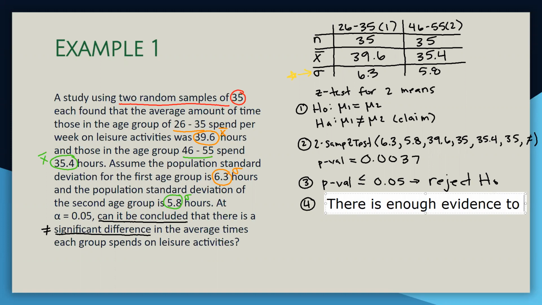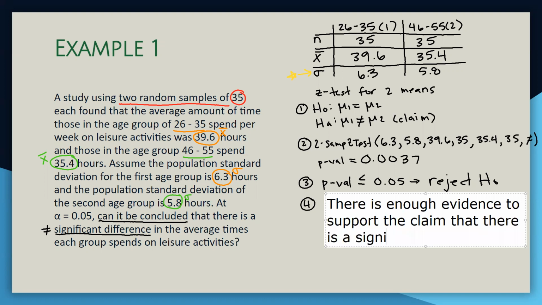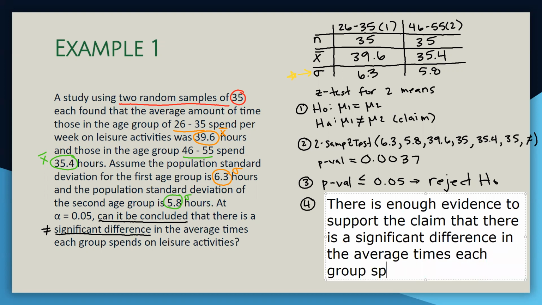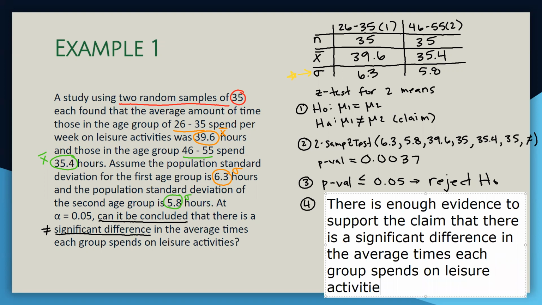So we're talking about supporting. There is enough evidence to support the claim that, and then we pull wording from the problem, that there is a significant difference in the average times each group spends on leisure activities.